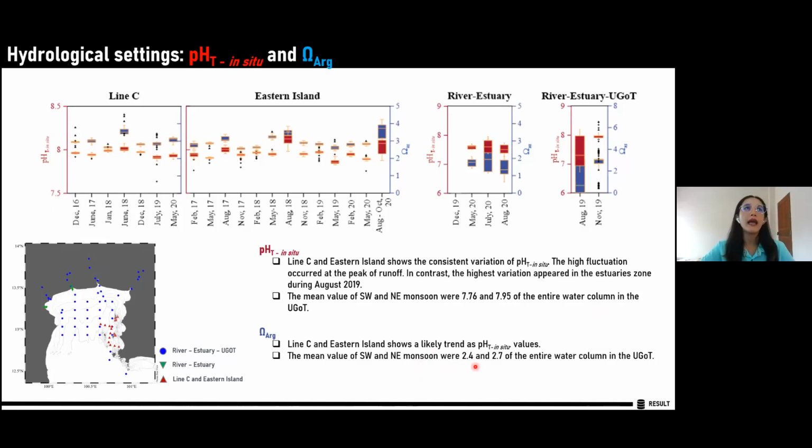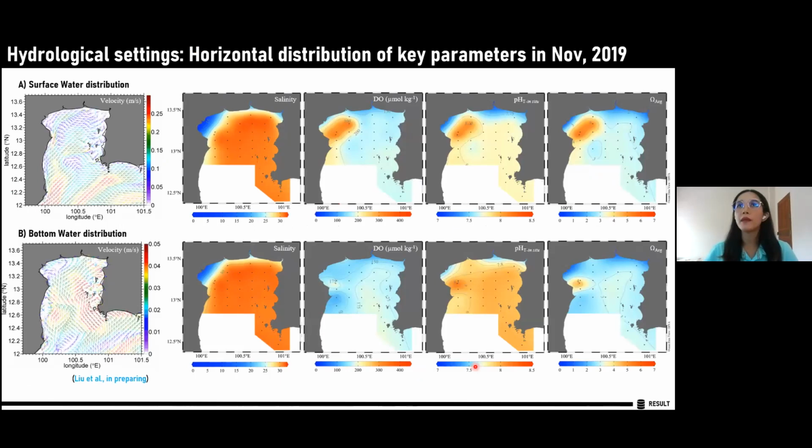And here, this figure comes from 2019, and this is from my collaborative team that studied the current water. The figure shows the bottom and surface water currents flowing in different directions.